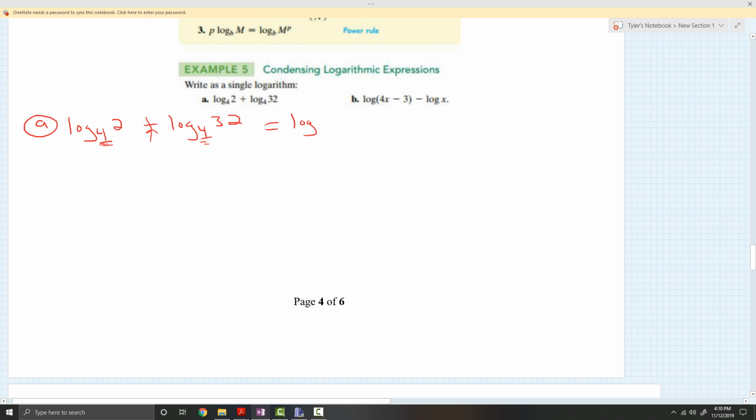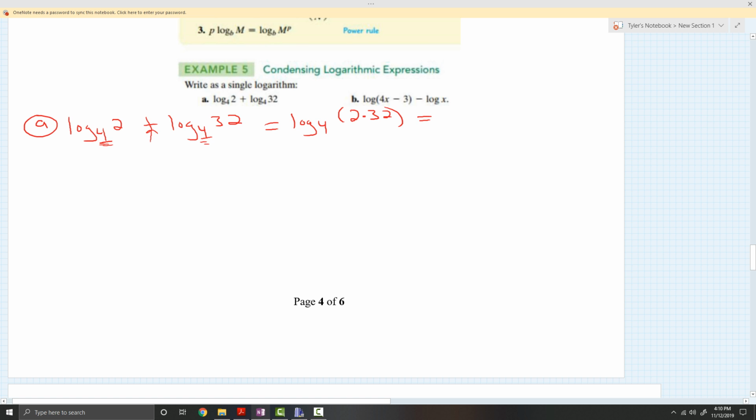So log base 4 of 2 times 32. So really, I guess that satisfies the directions. It just says take the thing and write it as a single logarithm. So we've rewritten the given information as one logarithm. But this one is, interestingly enough, something we can keep working through and actually come up with a constant value. Let me show you what I mean.